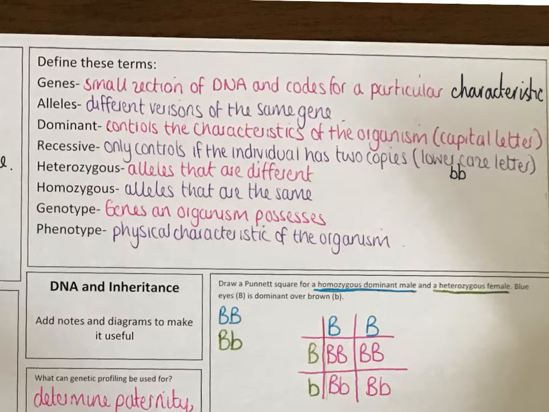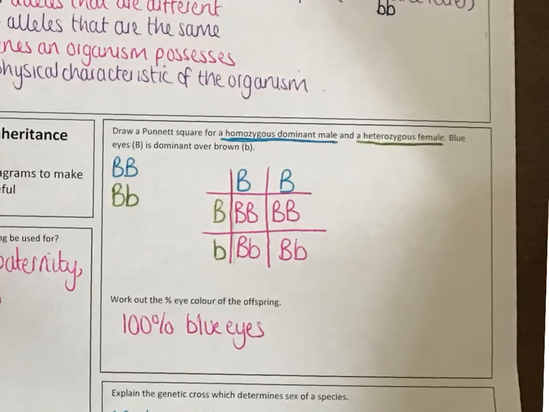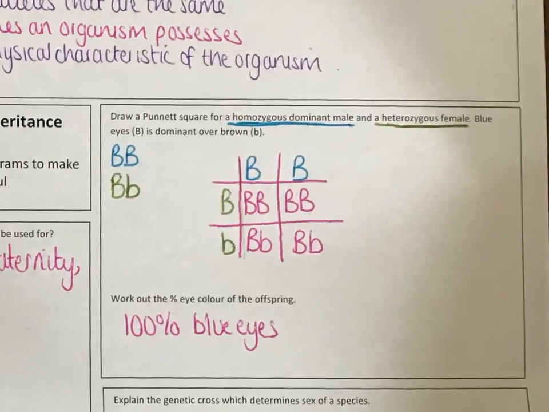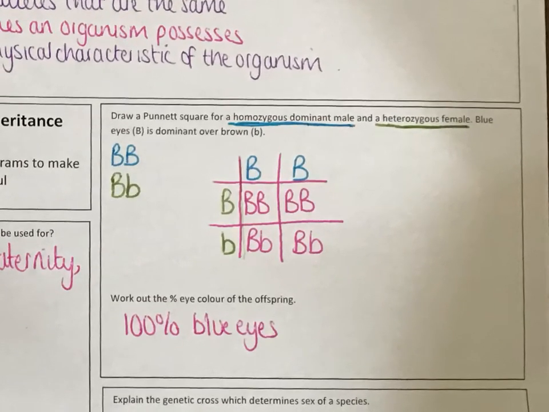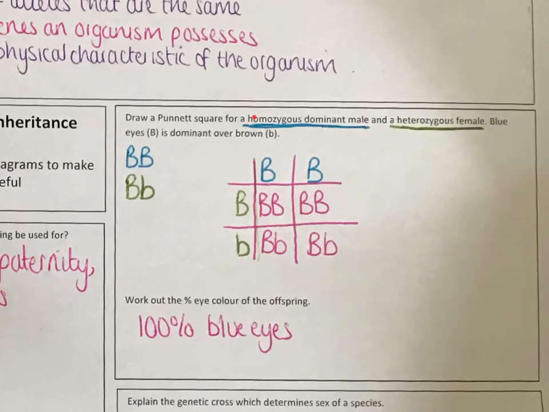Blue eyes, etc. Then if we're going to draw a Punnett square, we have to draw a Punnett square for a homozygous dominant male and a heterozygous female. Of blue eyes, we've got B is dominant over brown eyes. Okay, so if we look here, the homozygous dominant, because it's homozygous, our alleles are the same.